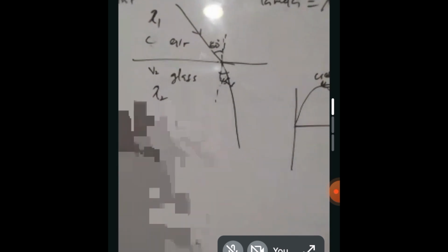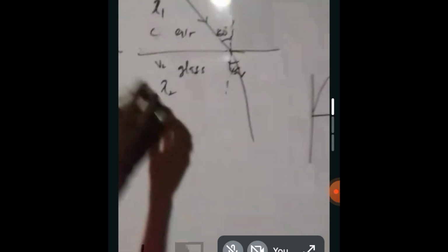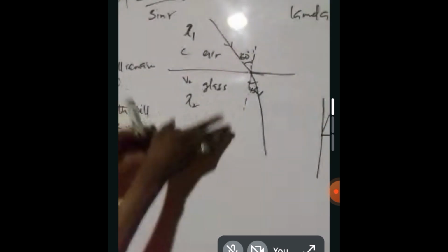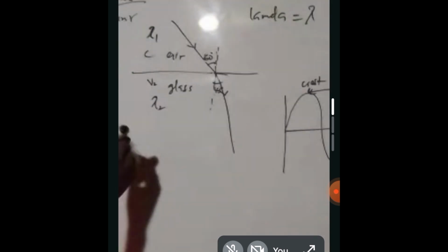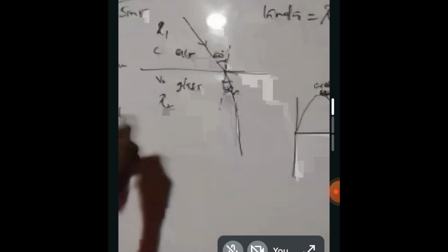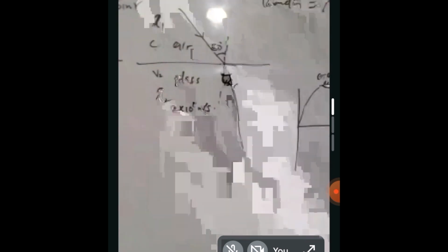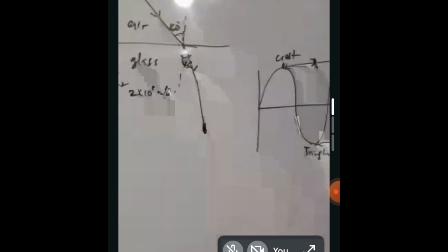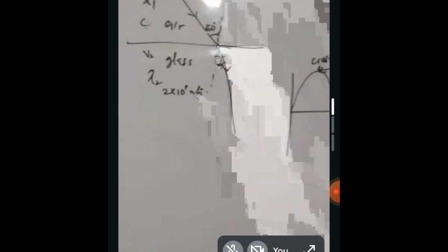Glass is denser than air, that's why it reduces. The speed of light in glass is 2 times 10 raised to the power 8 meters per second. So as this one travels 300 million meters per second, this one will travel 200 million meters per second in glass. You might not get bothered about that too much.